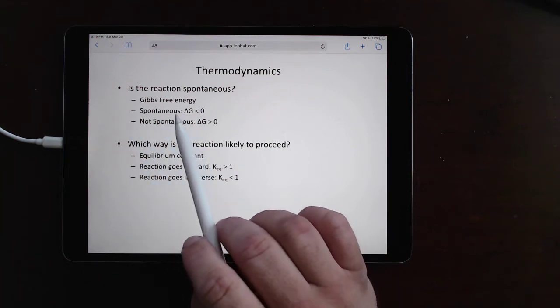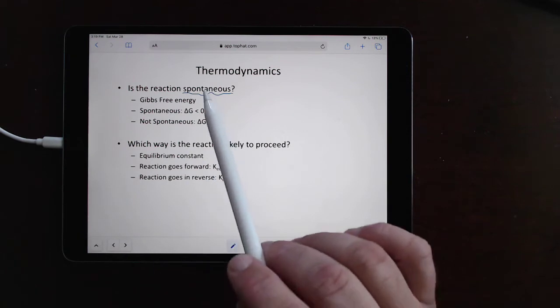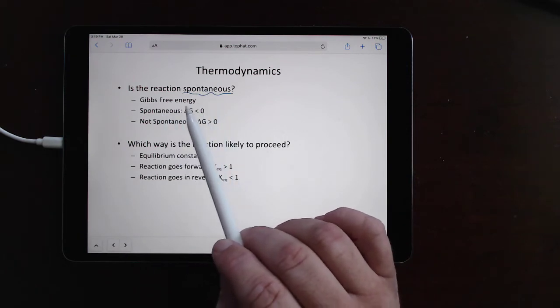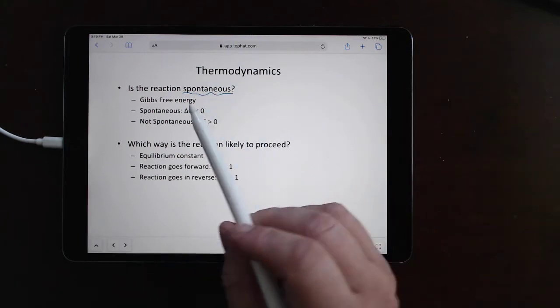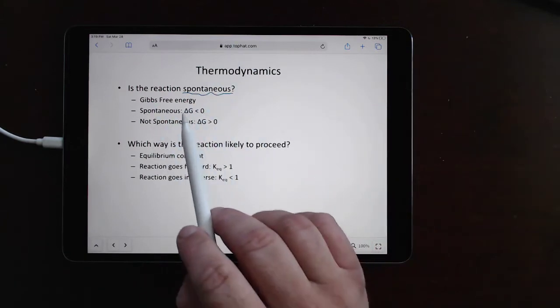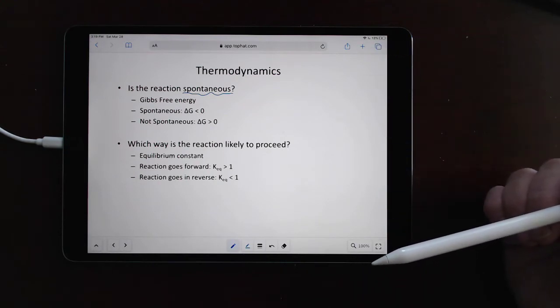So for here, is the reaction spontaneous? For that, we need to look at the Gibbs free energy of the overall system. If the energy of the system drops, that means it's going to happen.